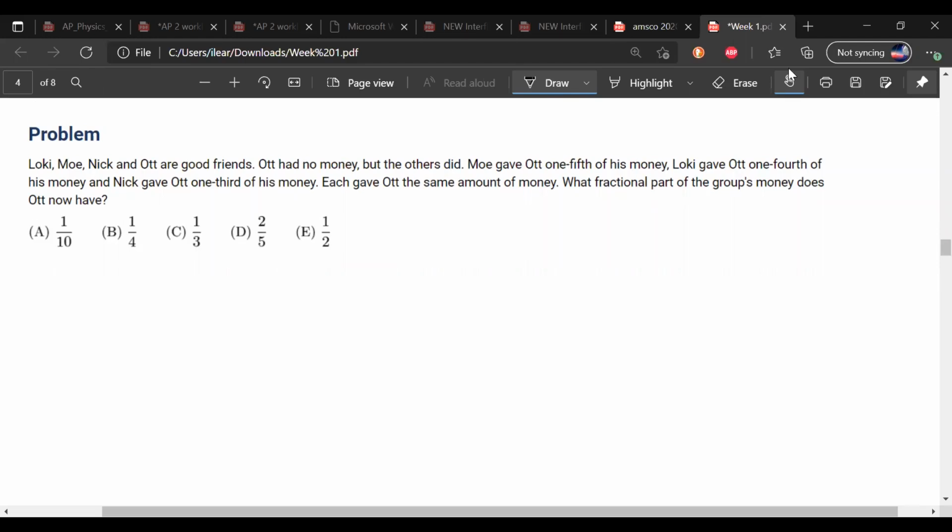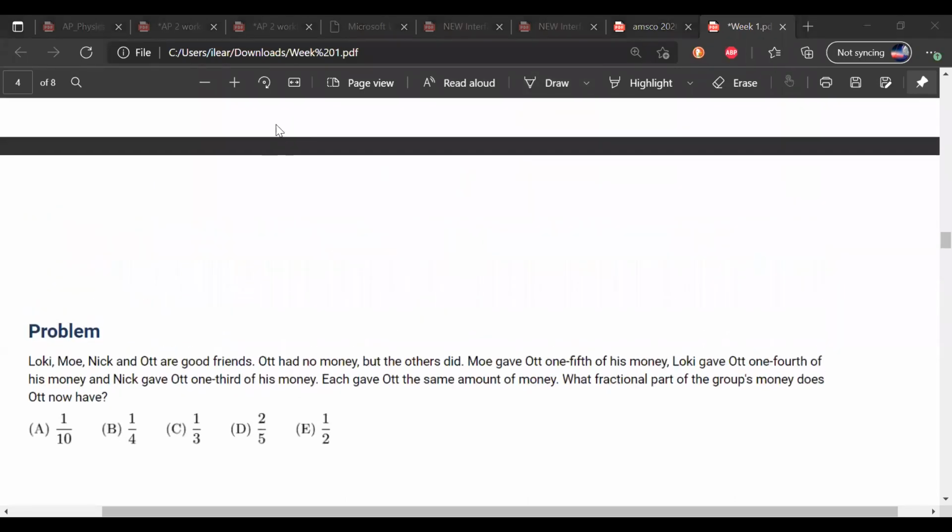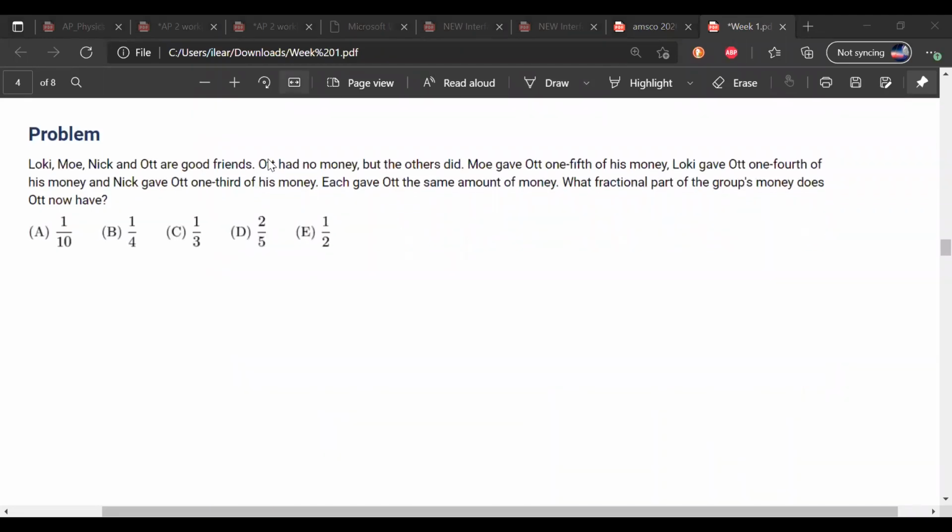So this problem, although it might not seem too similar to the last problem, actually kind of is, because we once again are dealing with fractions, although it's not a percentage in this case. Let's say Loki has an L amount of money, Mo has an M amount of money, and Nick has an N amount of money.